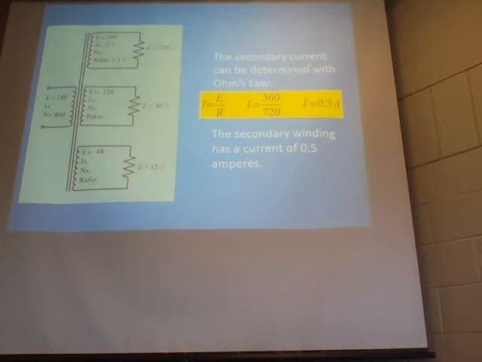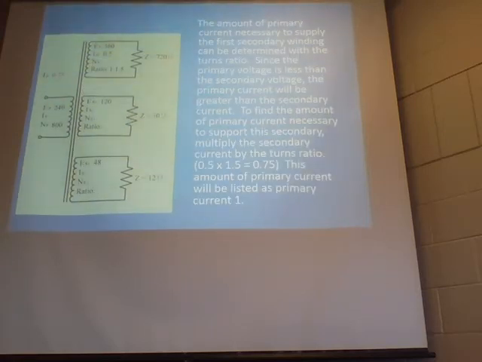With that turns ratio, you calculate the current here first using 360 volts and 720 ohms. Get the current, and with the turns ratio, you can calculate from here to here. The primary current for this part is 0.75 amps.